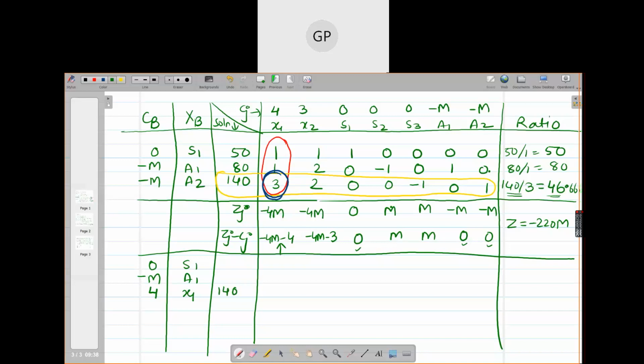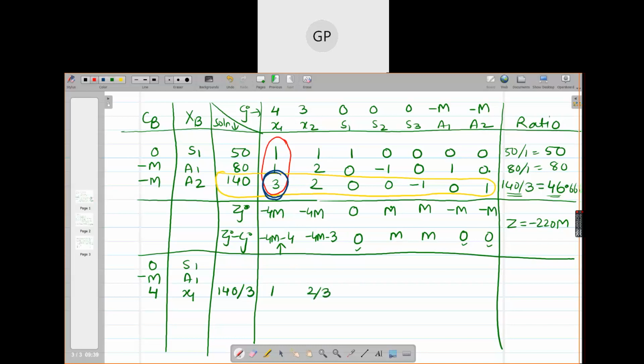And I will suggest you to keep it in fractions because it eases your calculations, okay girls? Do not put them in decimals. Do not use a calculator for this particular thing. Keep it in fractions. 1, next is 2 by 3.